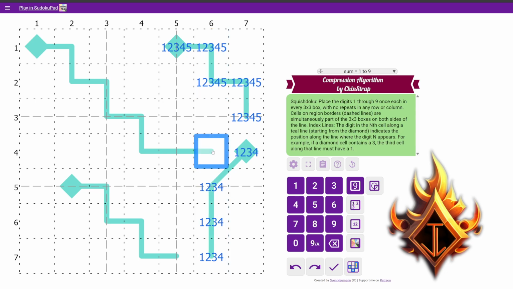So this will be a high number. 6, 7, 8, 9. So 9, 8, 7, 6. So 9 can only go in those on this line.